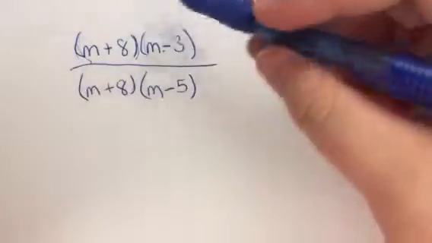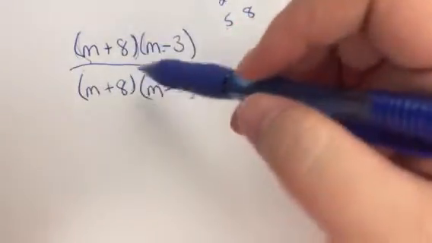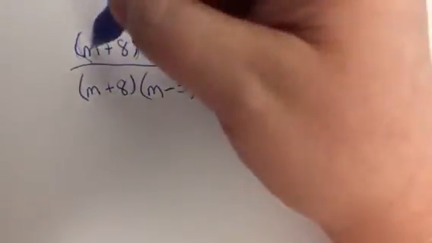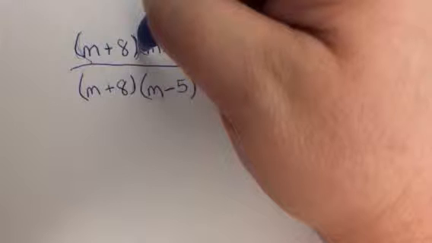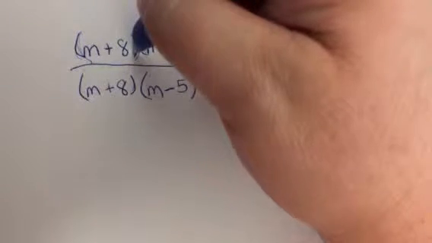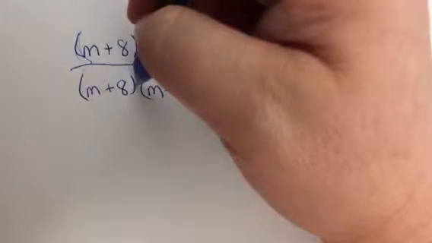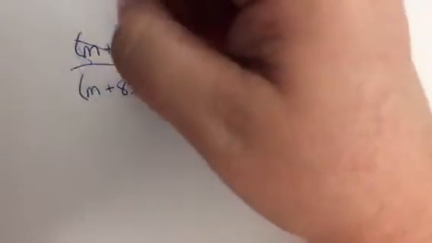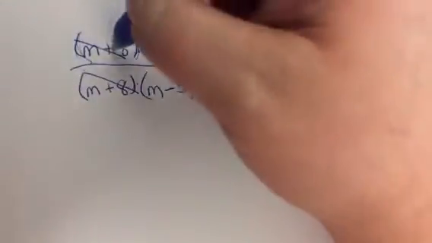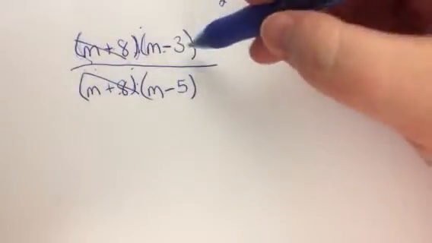I want to look at my numerator and denominator and find the ones that are the same. We have m plus 8 as a factor on the numerator, m plus 8 as a factor in our denominator. Since those are the same, we're going to cancel those out because m plus 8 divided by m plus 8 is going to be 1.